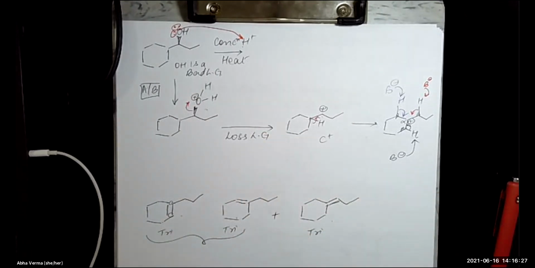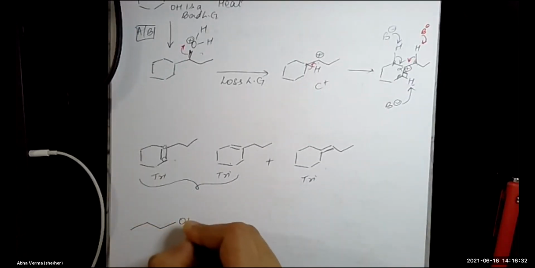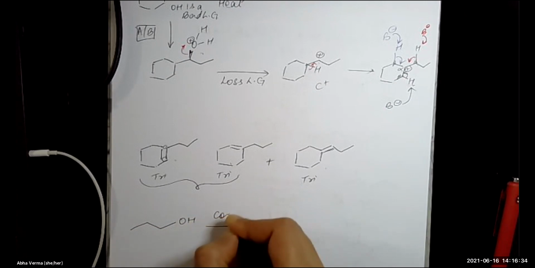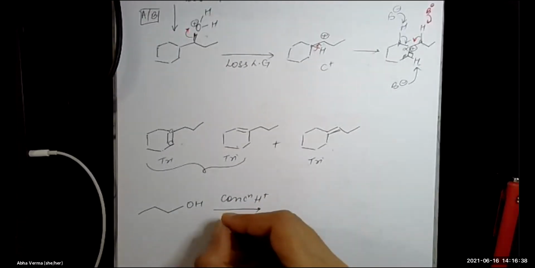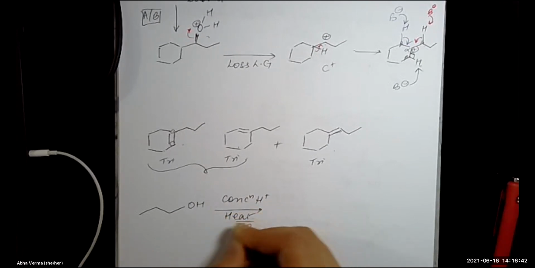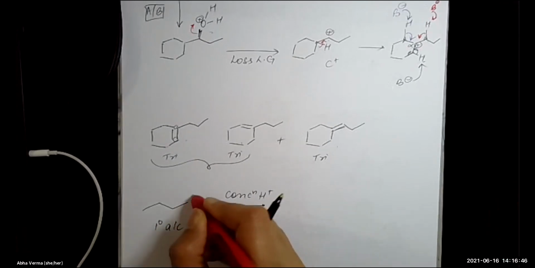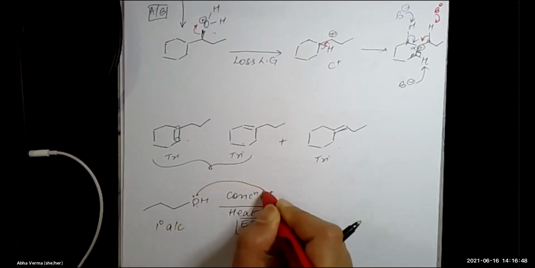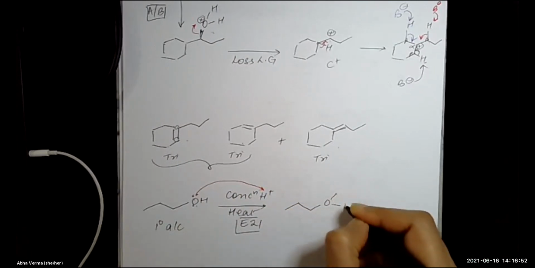So with a primary alcohol, when you have the concentrated acid, you still need to show heat. This will be your E2. Primary alcohols undergo E2. The first step will be formation of a good leaving group.